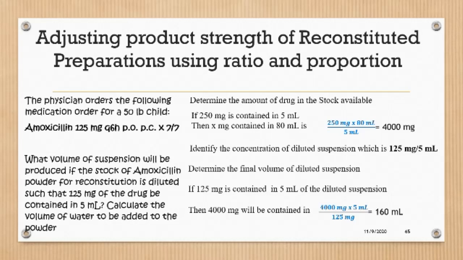So I went into the future, and we recognized that knowing the concentration of the diluted suspension that we want, and knowing that we are going to have to dilute all of the stock that we have, which contains 4 grams or 4,000 milligrams of drug, we can determine the final volume based on ratio and proportion.